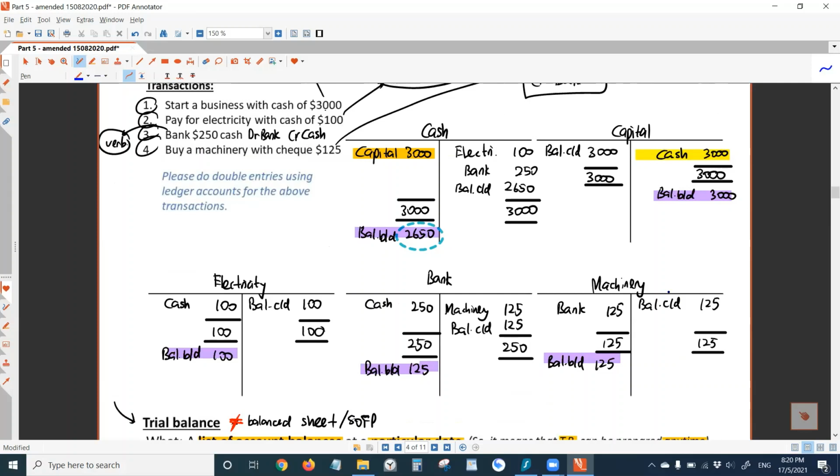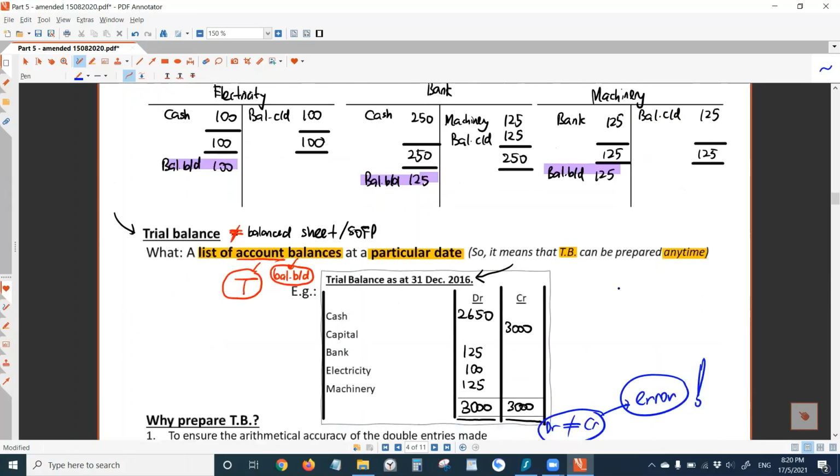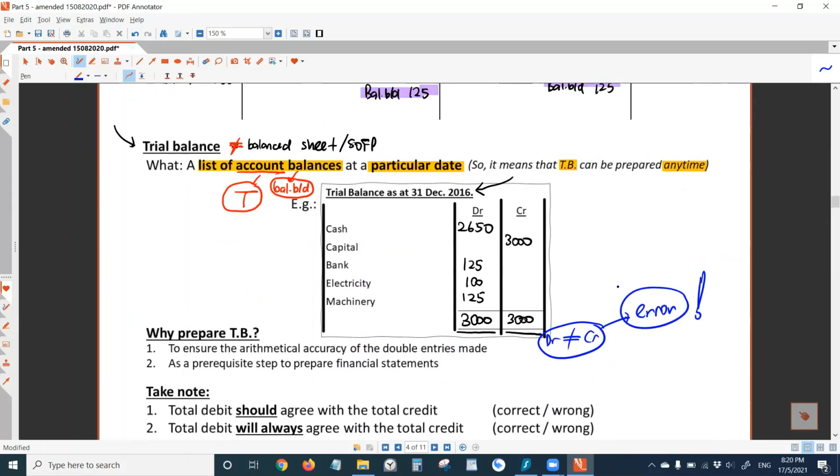That's the reason the trial balance is imbalanced. When the total debit is not equal to the total credit, we call this situation imbalance. When you get the same amounts in both the debit column and credit column, the trial balance is now balanced.